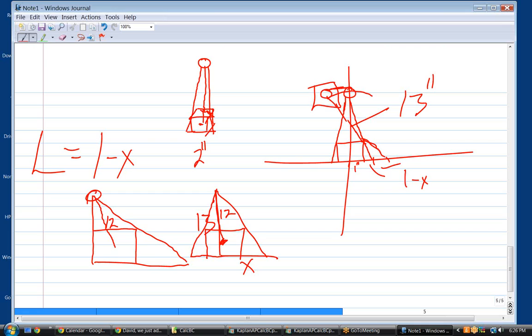This problem, let's see. If we draw another triangle there, now 12 is the hypotenuse. This is 1. And this distance here would be the square root of 143.